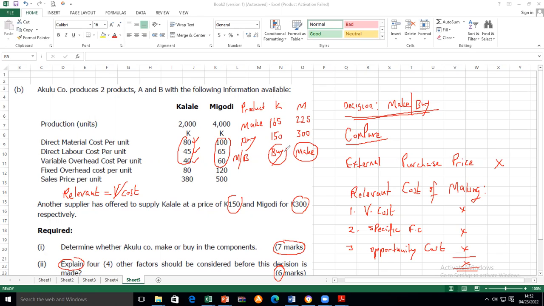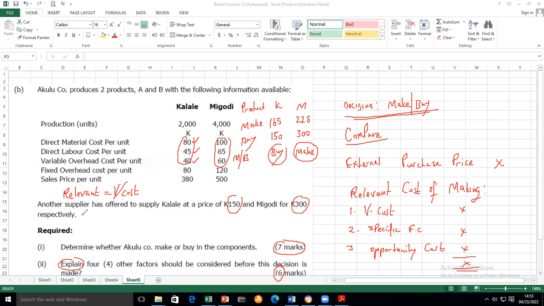Before we make or buy, we don't just look at the numbers, no. Like this one, which you say you must buy in. You also look at other factors. Yes, the numbers show that it's better to buy in, but you need to look at other factors. What other factors are you going to look at?